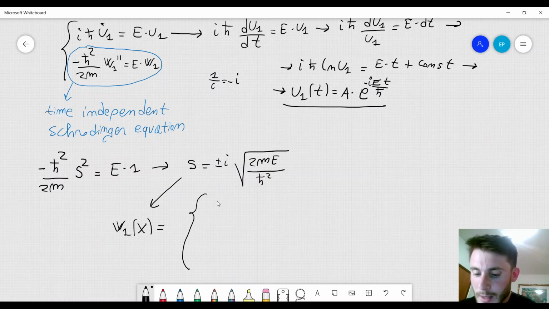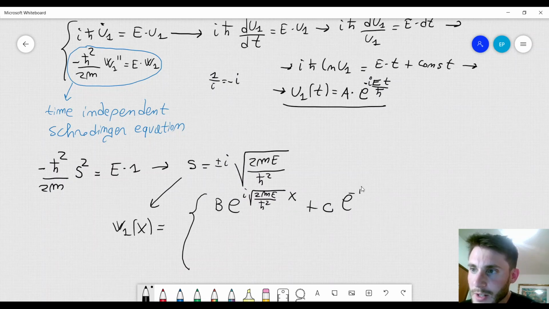So we have a constant b times e to the sx, which is I square root of 2me over h bar squared times x, plus some constant c times e to the minus I square root of 2me over h bar squared times x. And this is of course true if the energy is greater than 0, right?